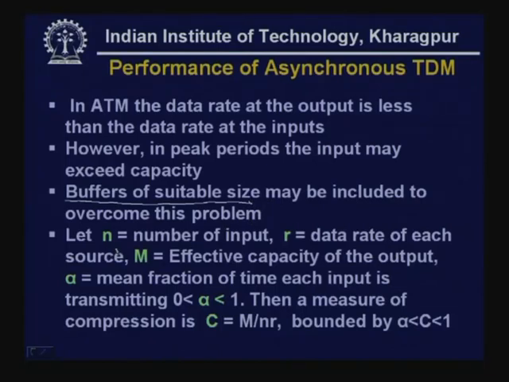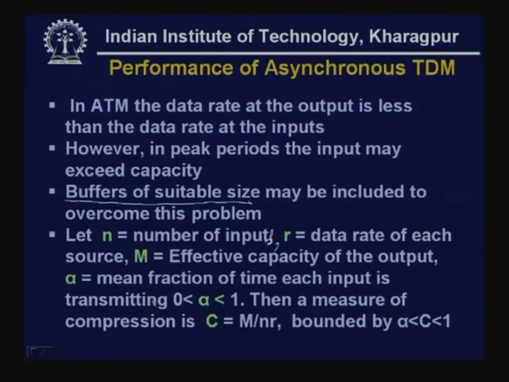For example, let us assume n is the number of inputs, r is the data rate of each source, m is equal to the effective capacity of the output. Obviously, m will be less than n into r, and alpha is the mean fraction of time each input is transmitting. That means, each source is not transmitting all the time.